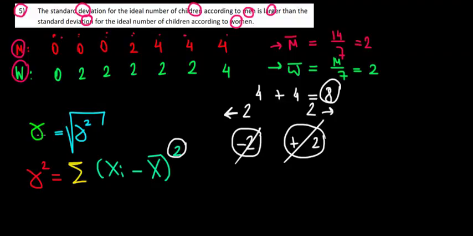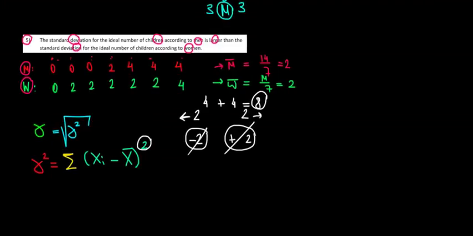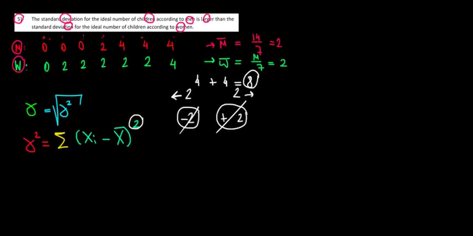Let's do it, the variance for the men. Actually, we need to go below to keep in mind all the numbers. So we go over here below like that. The variance is going to be the sum of all the differences to the power of 2. So let's start with the differences. The difference between the first observation of 0 and the average of 2.